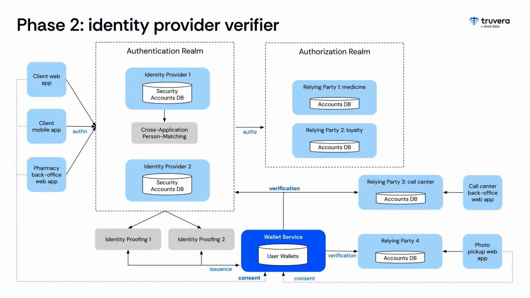Then we look and say, we still have some existing relying party applications that we need to integrate. We have 2 in this example, plus half of the call center, but it could be hundreds, as we talked about before. And instead of integrating each one individually, we can make the IDP deal with the credentials and still deliver a traditional OAuth token to the applications that are in the authorization realm.